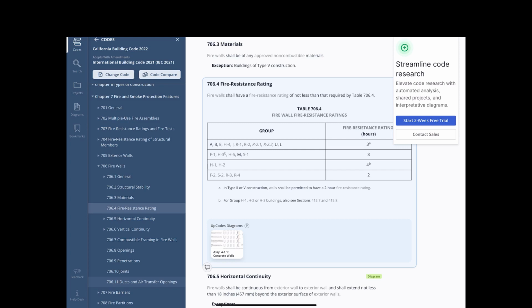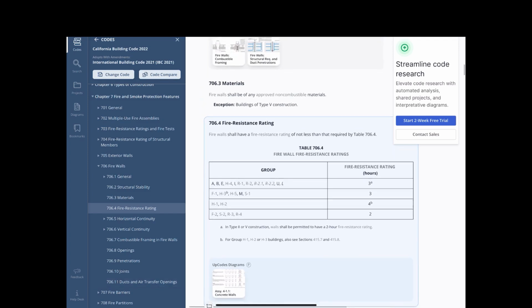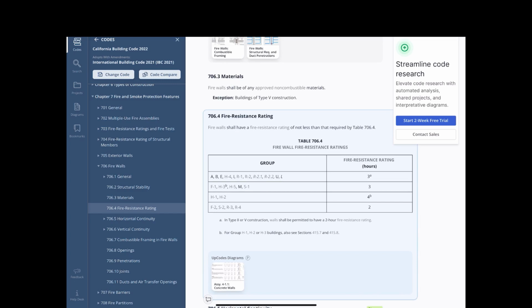we'll look for anything that's related to an I2, but actually we have an I, which encompasses all the groups, and that's in the first row. So that would get a fire resistance rating of 3 hours. And it actually has a letter above it, the letter A, which if we look at the bottom of this table, it says in type 2 or 5 construction, walls shall be permitted to have a 2-hour fire resistance rating.